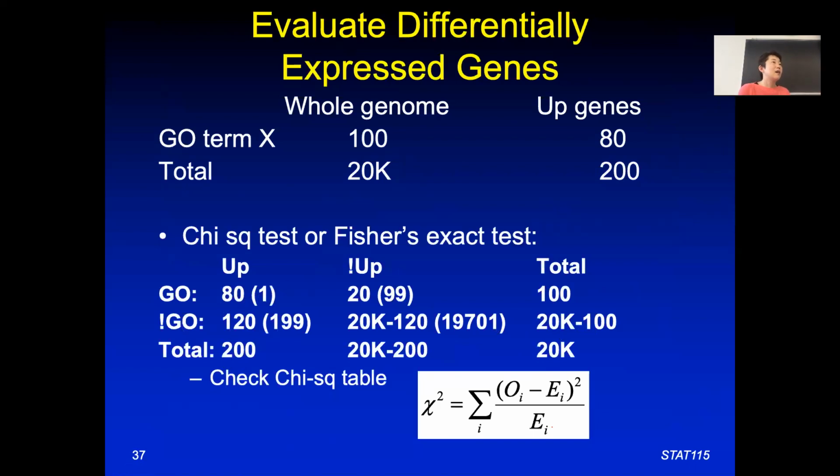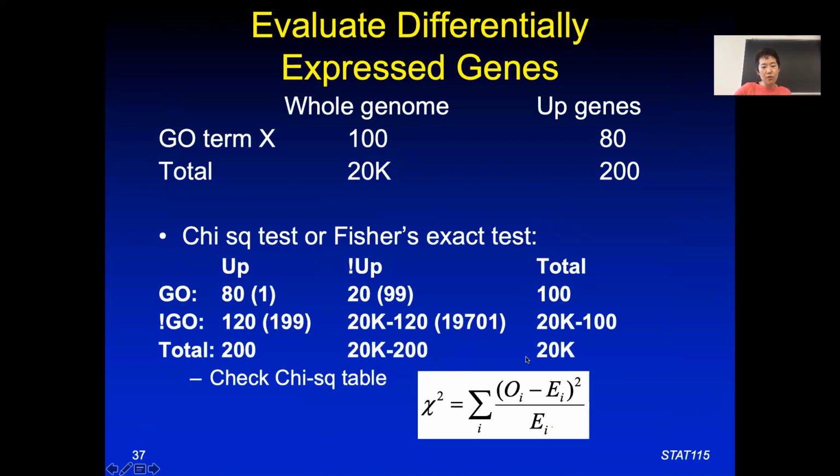Yeah, it's the 100 times... So basically, you look at all the genes with this gene ontology term. You look at all the genes that are not upregulated. You multiply this, divided by your total. That's your expected. Okay, so you can calculate this for each of the 4 terms.